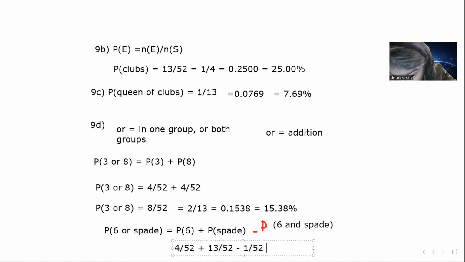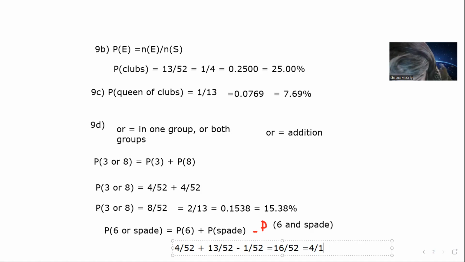This is going to give me 16 out of 52. And then I'm going to reduce it by 4. You can do this with your calculator and verify my work. This is 4 out of 13. 16 out of 52 is 4 out of 13.